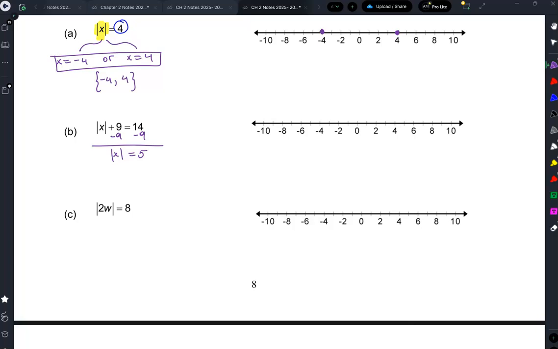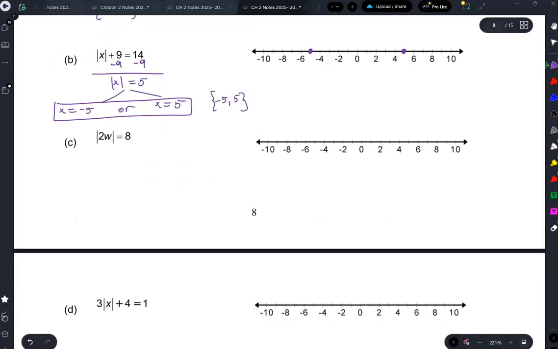When the absolute value is alone, now I split this, and I say x equals negative 5, x equals positive 5. Because x is alone now, this is my answer. Or I can say negative 5, positive 5, and I graph them like this. Which one do you prefer? Either.